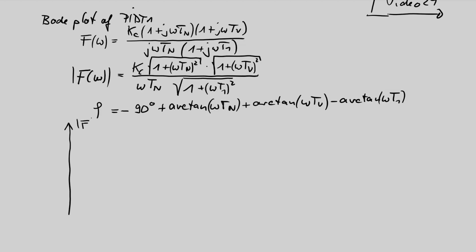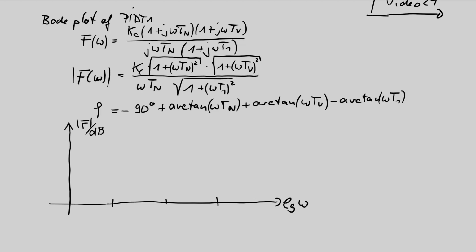Don't forget the conversion into the dB value, logarithmic axis, and I show you now a very quick manual construction of the asymptotic curves of a PIDT1. First, you have to mark the 3 corner frequencies.